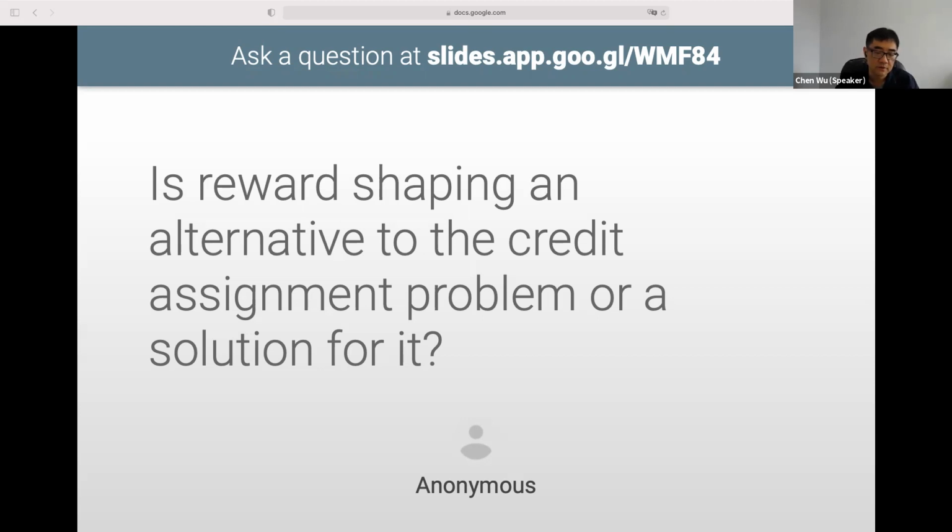If your signal rate is 1%, then to get 10 signals you need 1,000 instances. That's the reason for reward shaping, but maybe not necessarily an alternative to the credit assignment problem. It's more to do with solving reward sparsity. The credit assignment problem is a bigger problem in a bigger context, I would say.